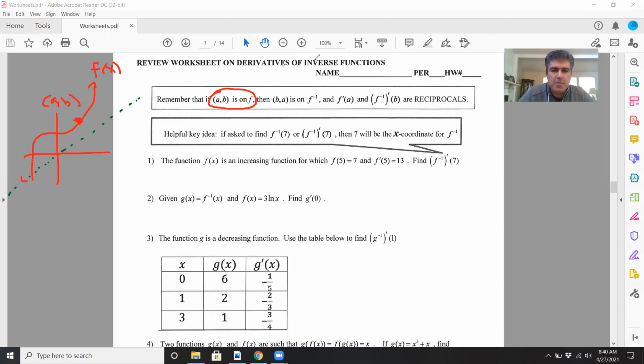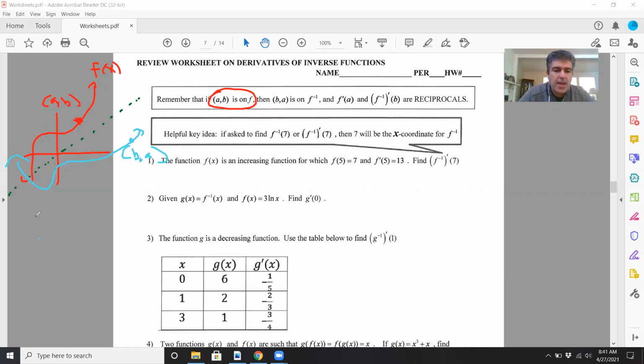I'm going to probably butcher the drawing of the inverse, but I'm doing my best mirror image of that red curve. You're going to have a point at (b, a). They're reflections of each other about y equals x. So if (a, b) is a point on f, then (b, a) is a point on the inverse. This is the whole definition of an inverse function.